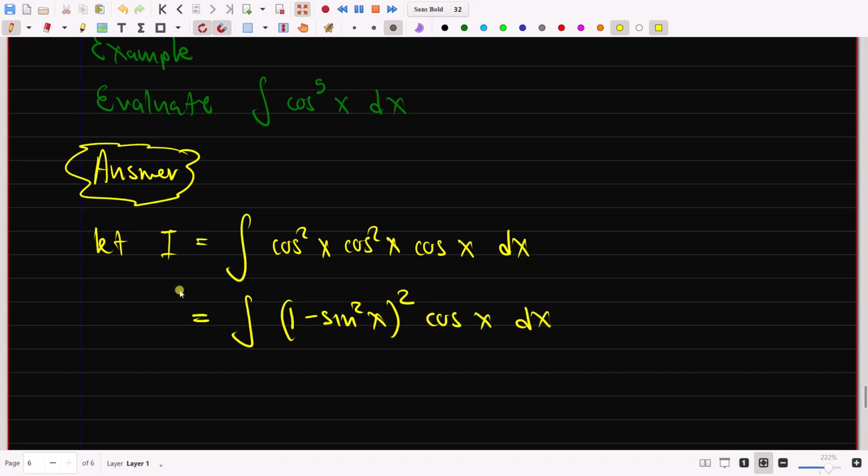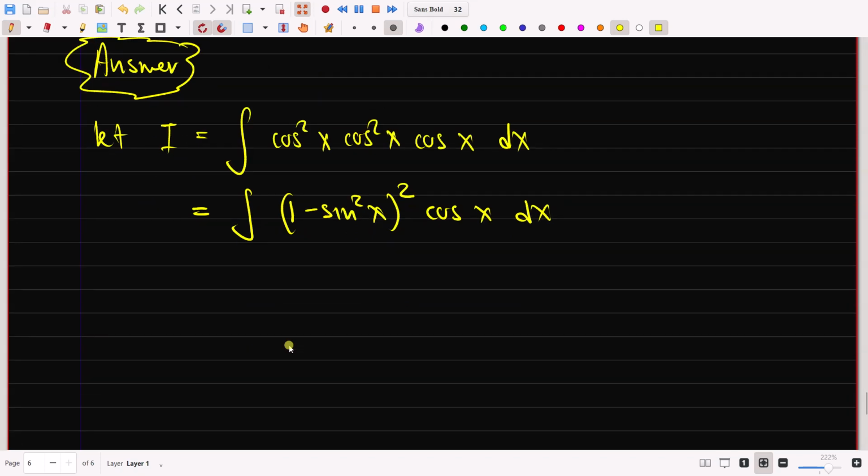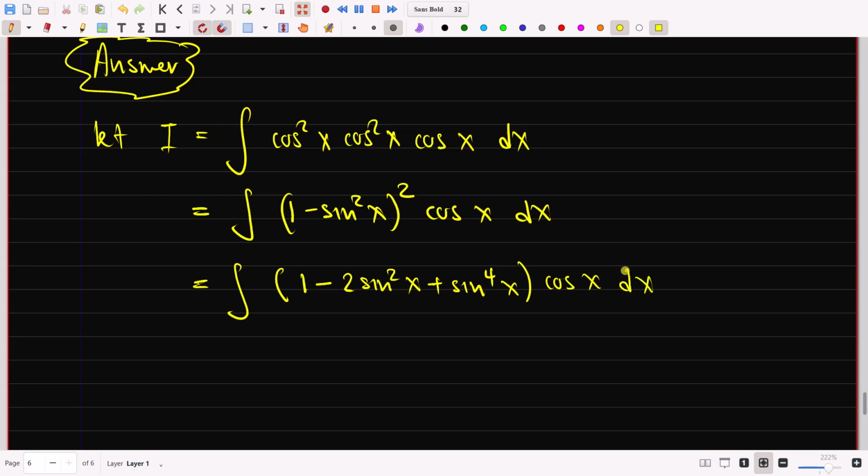So what do we get when we expand it inside? We get cos x minus 2 sine squared x cos x plus sine to the 4x cos x, all integrated with respect to x.